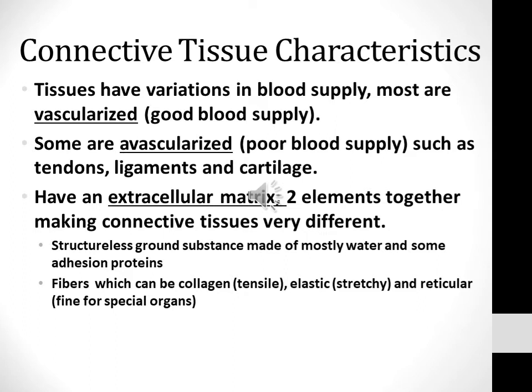One component is a structureless ground substance made mostly of water and some adhesion proteins, and the other part is some kind of fiber. It could be a number of different fiber types: collagen, which is tensile, elastic, which is stretchy, and reticular, which is fine, for specialized organs. The combination of the amount of these two elements, your ground substance and your fibers, is what differentiates your different connective tissue types.